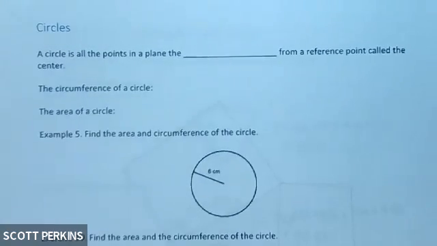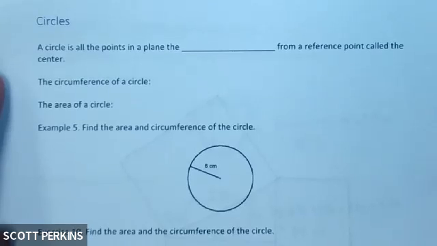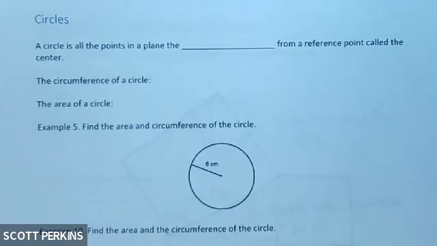This is the first time in this unit or in this chapter, if we include the sections from chapter 8 we did before the test, that we've encountered circles. A circle is just a figure in the plane.